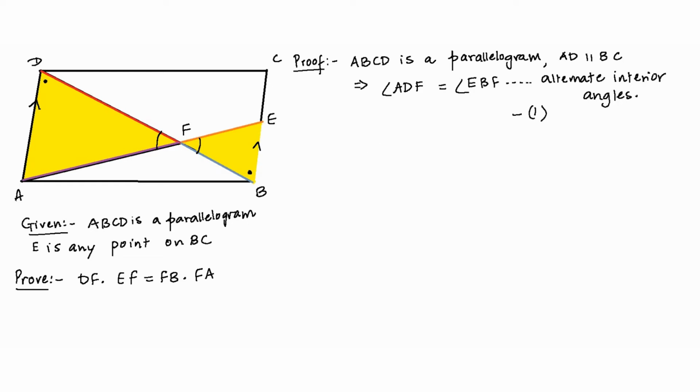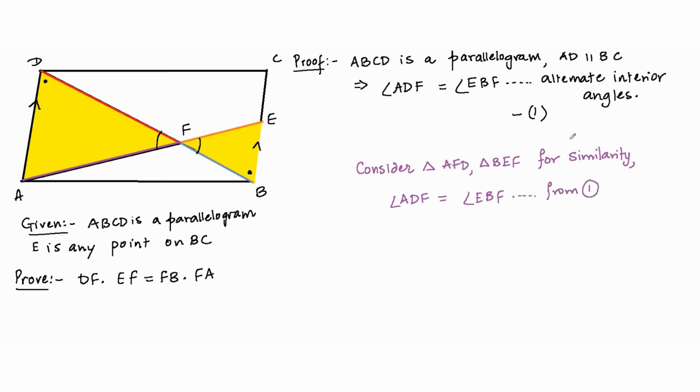And now we should consider the two triangles for similarity. So I would start with: consider triangle AFD and triangle BEF for similarity. And now let us write the parts which are equal. So I know that angle ADF is equal to angle EBF from the first result.